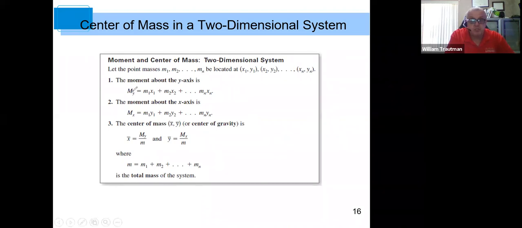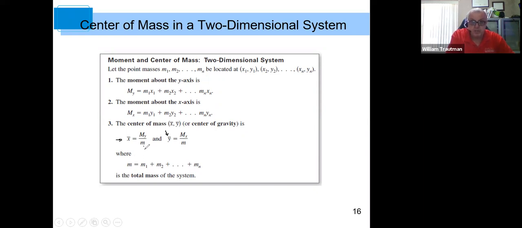To find a moment about the y-axis, it's m1 times the x value, m2 times the x value, just adding them all up. To find a moment about the x-axis, it's the mass times the y value, the mass times the y value, and adding those all up. The center of mass for the x-axis is right here, and for the y-axis is right here. And if you notice, they call it center of mass or the center of gravity.